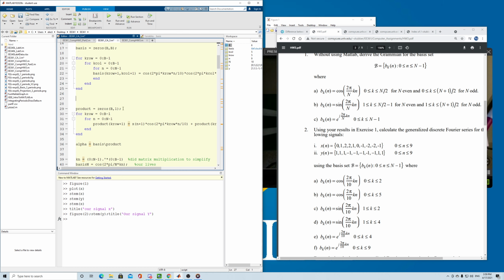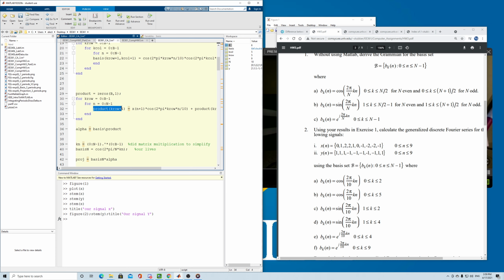Now let's look at this one. So the product, I allocated some memory. We're going to create an alpha. Oh yeah, I did the same thing here. So our signal itself multiplied by whatever this is, or basis function, sorry. This is all an averaging thing. There's a weird case because some people want to scale the alphas.